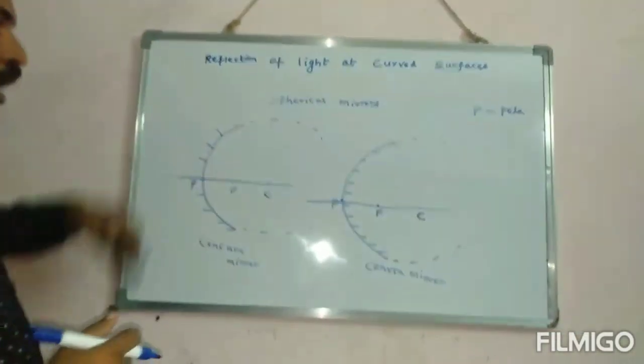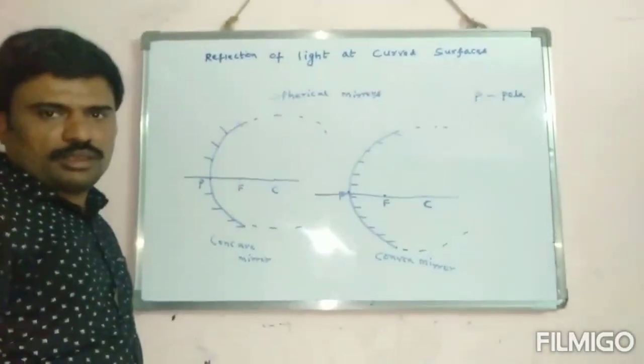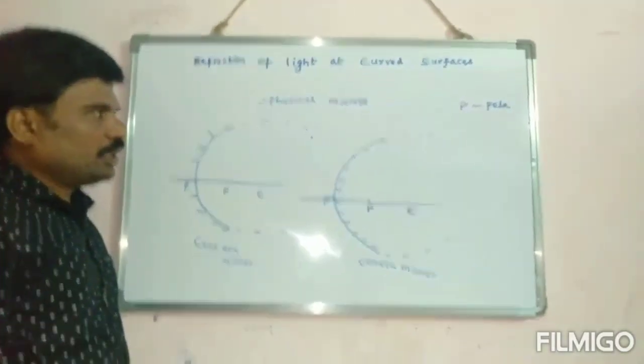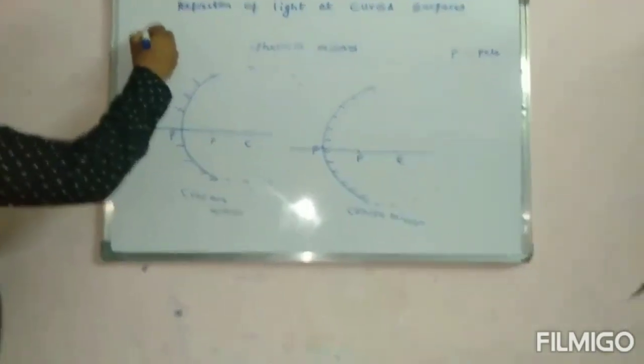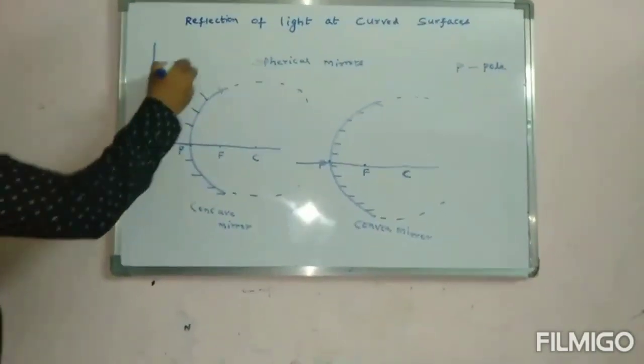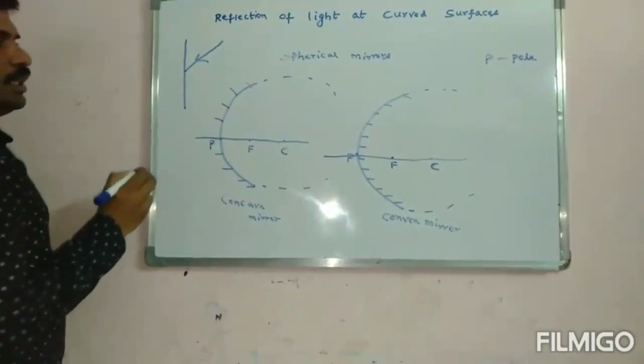Next, let us learn how to draw the normal to a curved surface. Already you know that for a plane surface, for example, a light ray is incident on it.